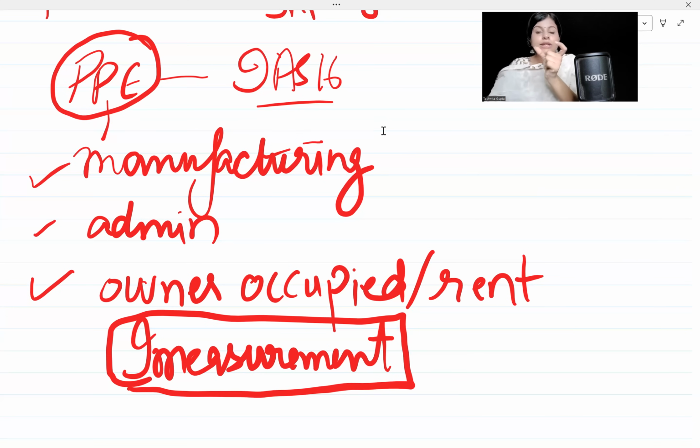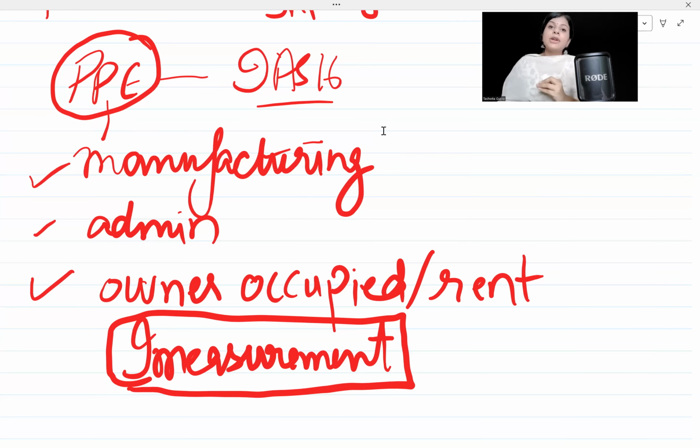Previously, we used to have the concept of probability here. Now that probability concept has been completely waived off. Prior to the conceptual framework 2013, it used to have the concept of probability, which is not there now. Still, some standards still talk about probability.